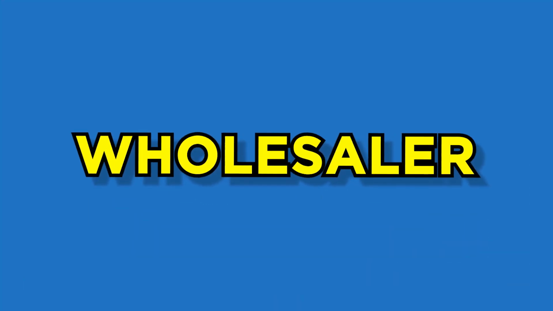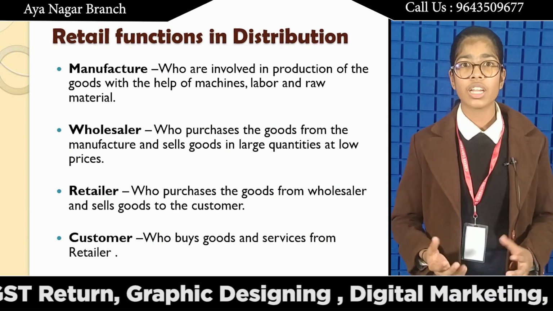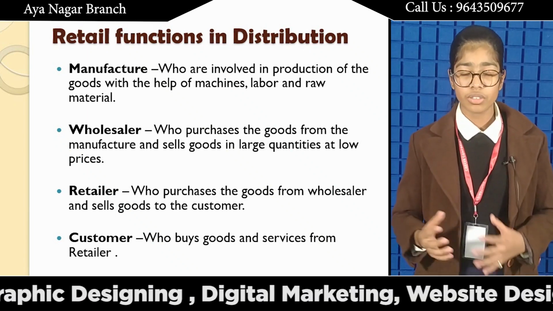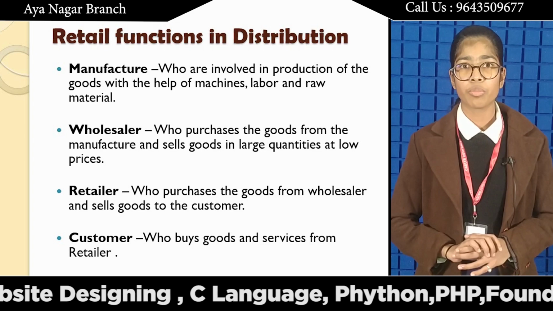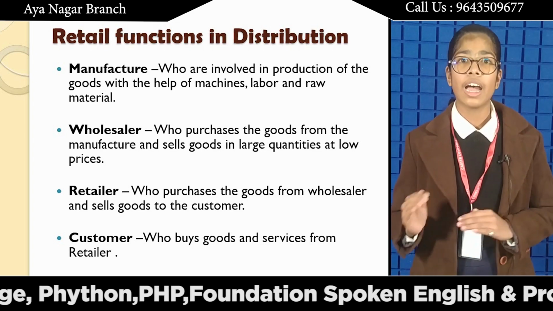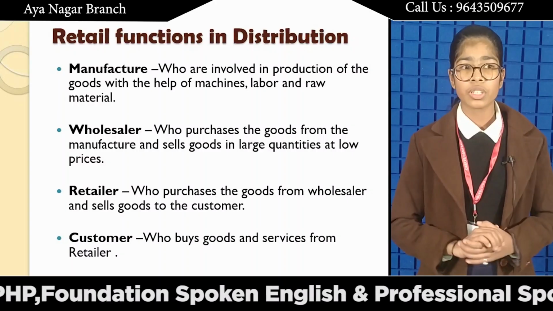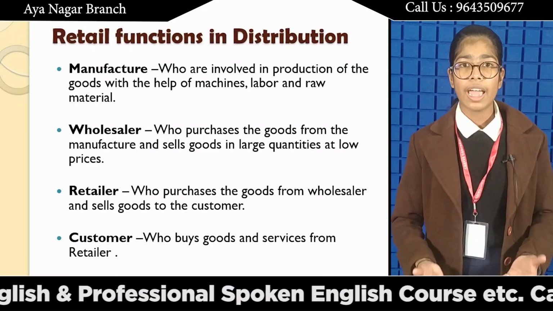The wholesaler is the person who takes all the goods from the manufacturer and sells to the retailer. A retailer is a person who has a shop and takes all the products from the wholesaler at a low price and sells to the consumer at a higher price. A consumer is the last person who takes the goods from the retailer and uses them.